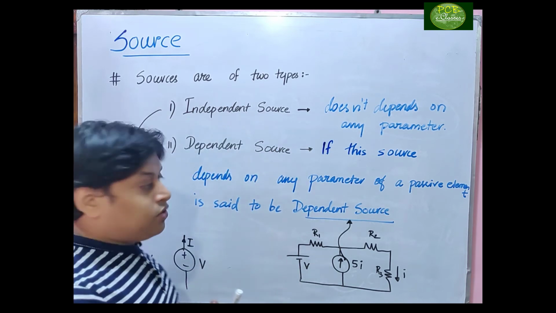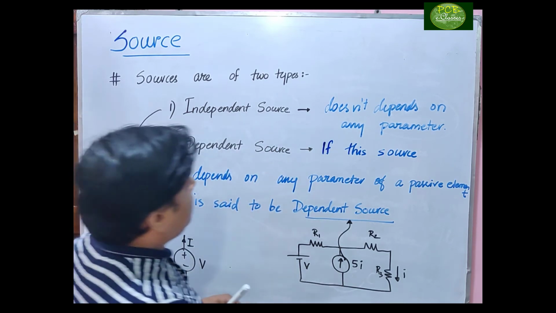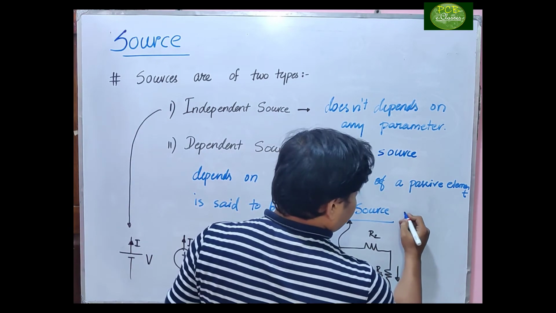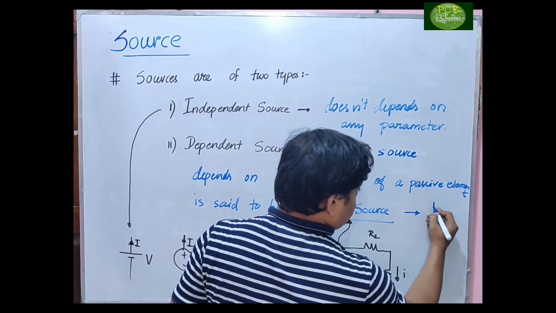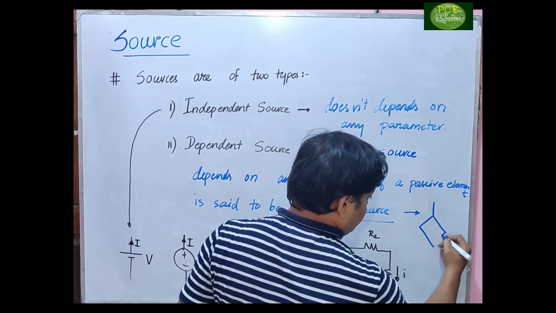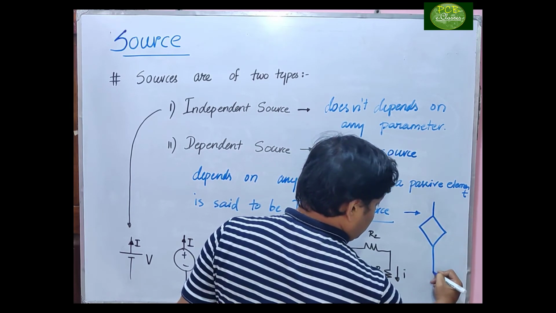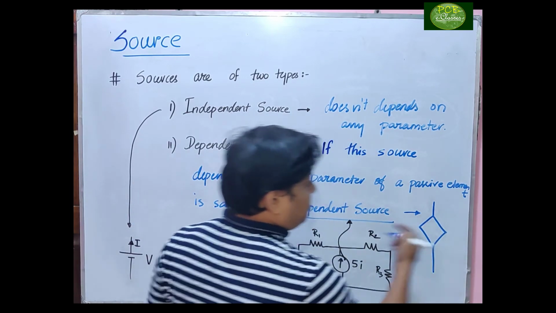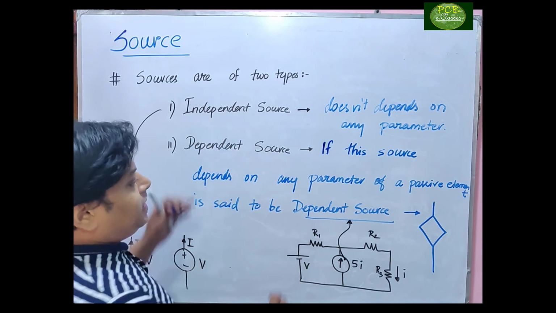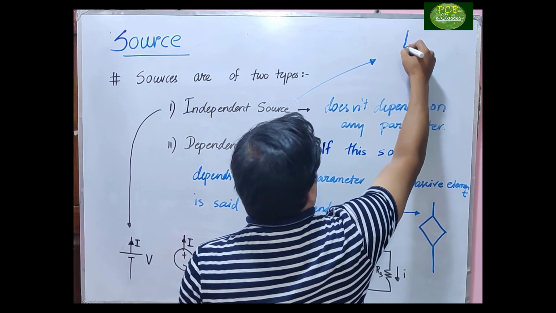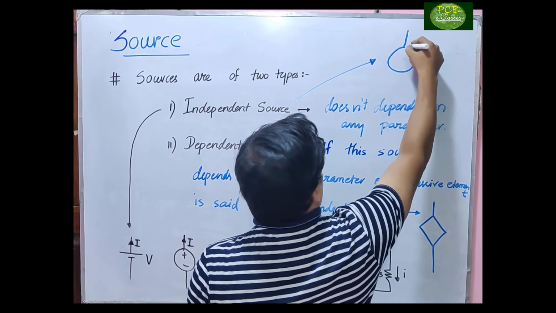Now, we'll see what are the notations for the dependent source. For dependent source, always we represent the source with the help of a rhombus. Fine? This is a representation. Whereas, for the independent source, we always represent with the help of an oval shape.